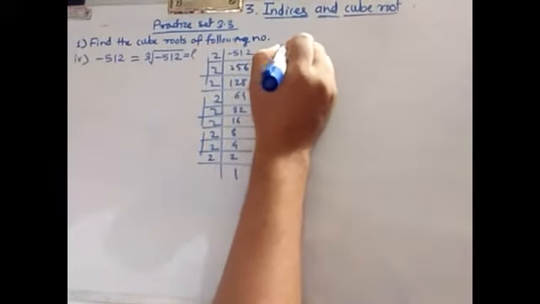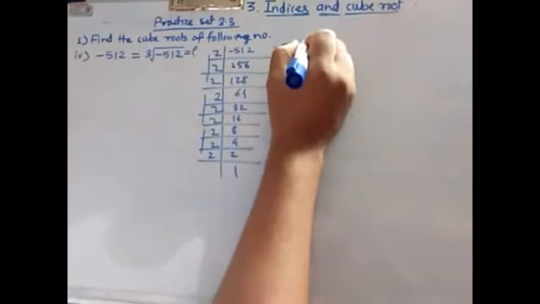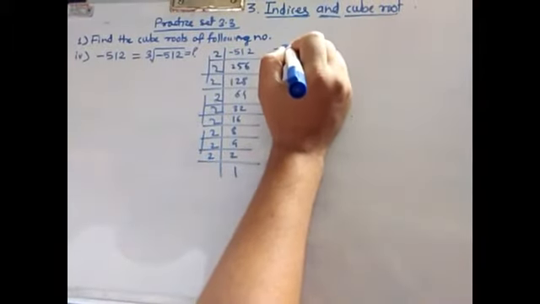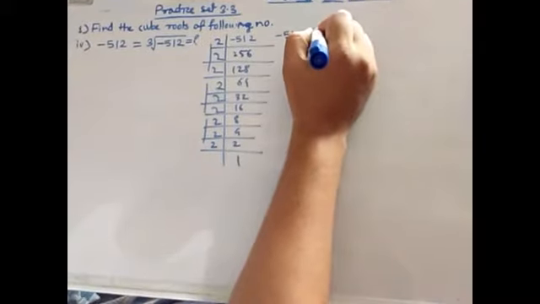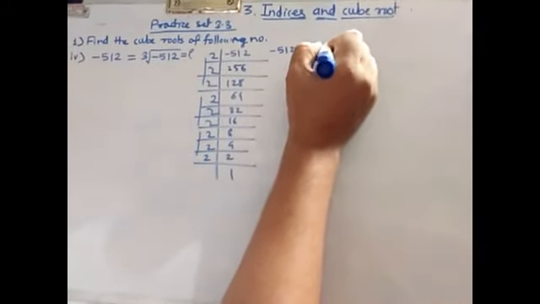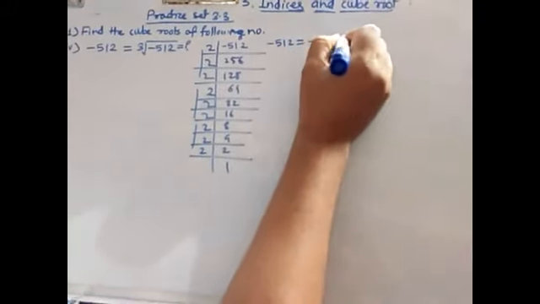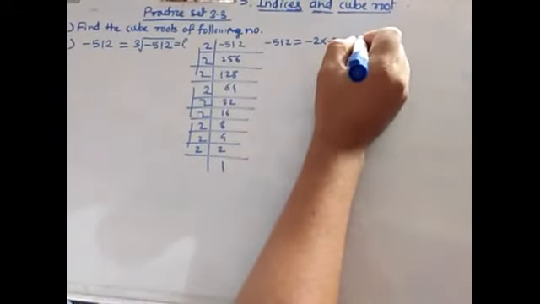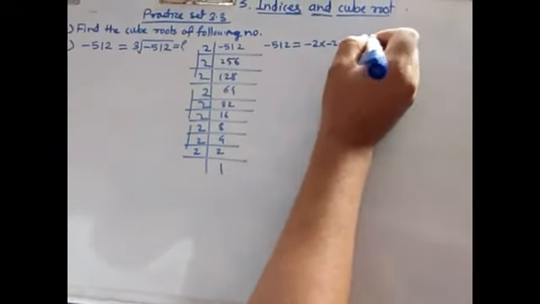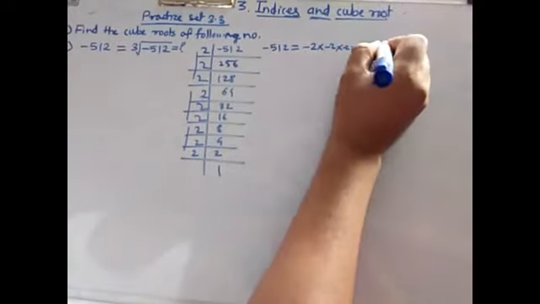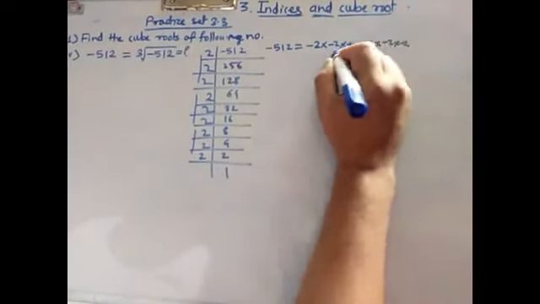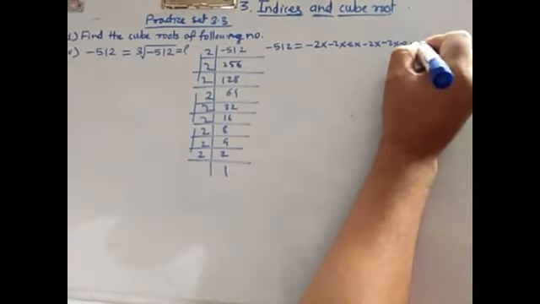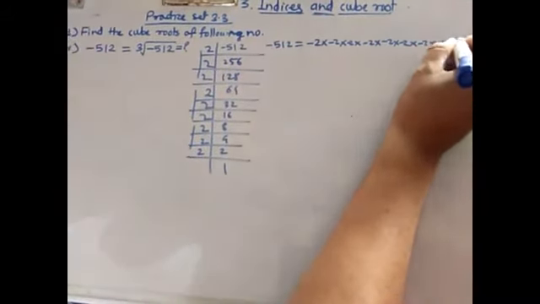We write down minus 512. So see here, minus 512. First we write minus 2 into minus 2 into minus 2, then again minus 2 into minus 2 into minus 2, then again 1 2 3, 1 2 3, and again minus 2 into minus 2 into minus 2.